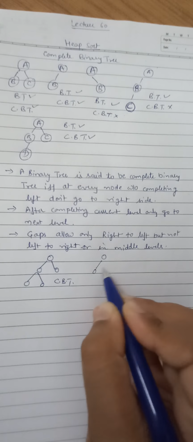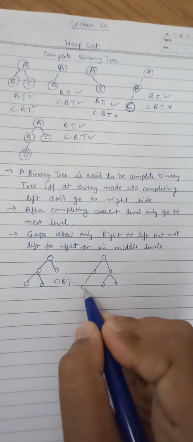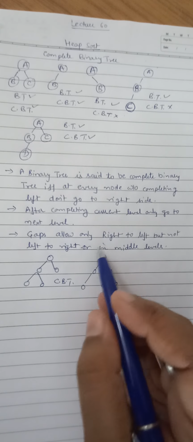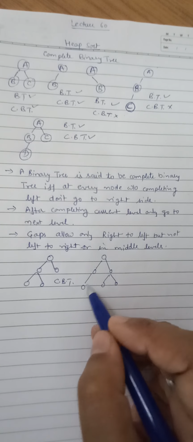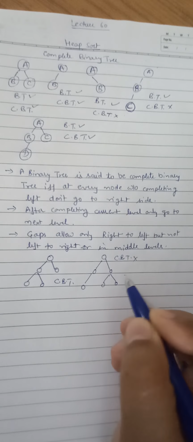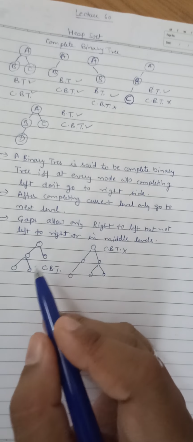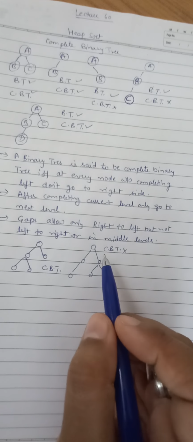Here we can say on right hand side it is allowed but on left side it is not allowed, and here it is gap. So this is not complete binary tree. Here right hand side gap, then it is complete binary tree, but here left hand side gap is there, so it is not complete binary tree.